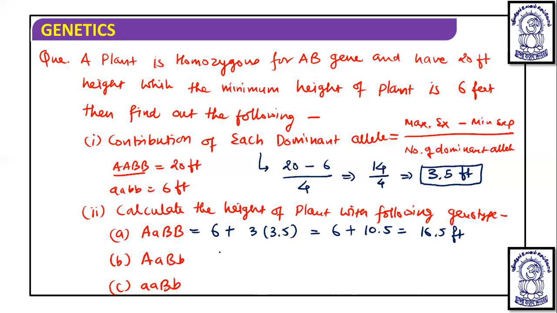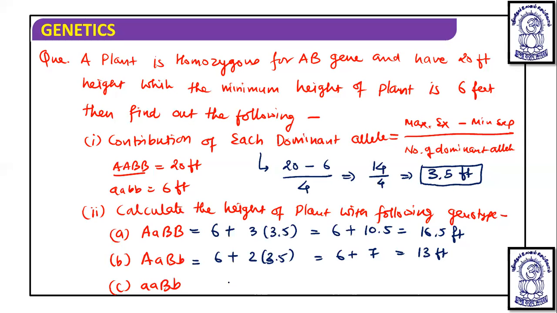When there are two dominant, then it is going to be 6 plus 2 into 3.5. So it is 6 plus 7, that is 13 feet.